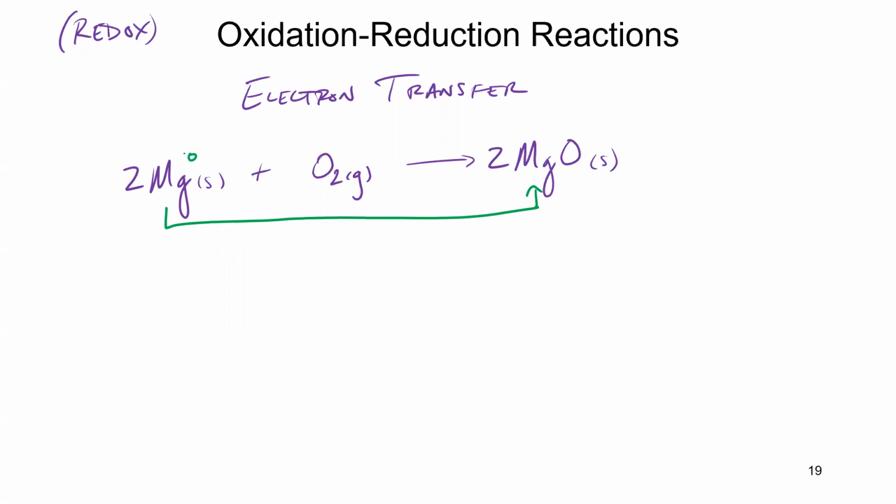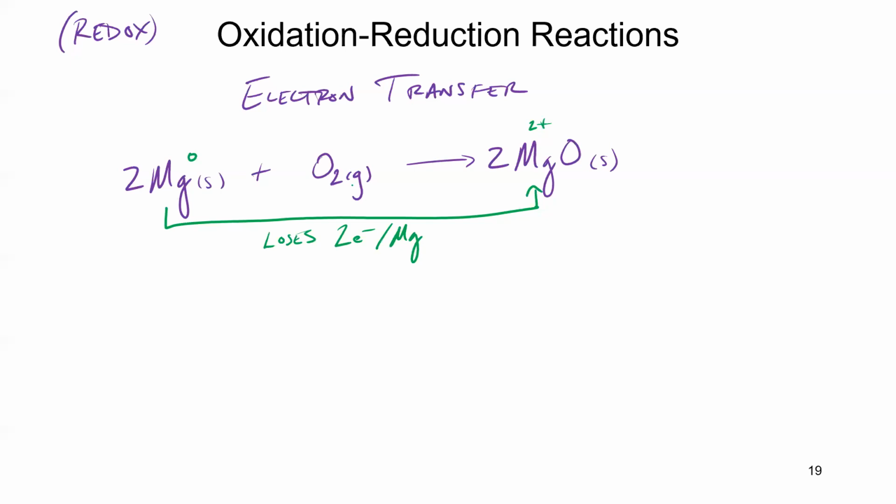Okay. But now you can answer, Baird. In magnesium oxide, what's the charge on magnesium? 2+. Yeah, for sure, 2+. And so what has happened between reactants and products is that it loses 2 electrons per magnesium atom.